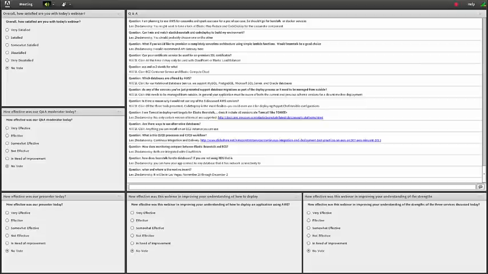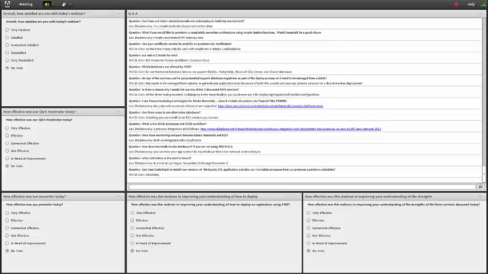We have another question here with regards to what are some of the advantages of using the RDS service in conjunction with AWS Elastic Beanstalk.